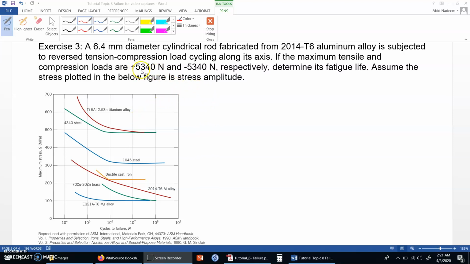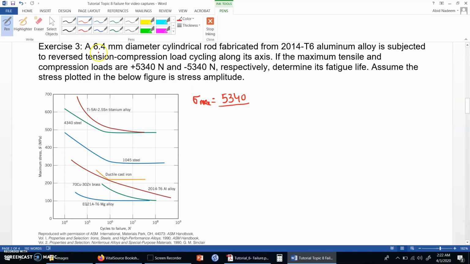This load is related to the maximum stress. So sigma max is equal to 5340 Newton, the load, divided by the area.